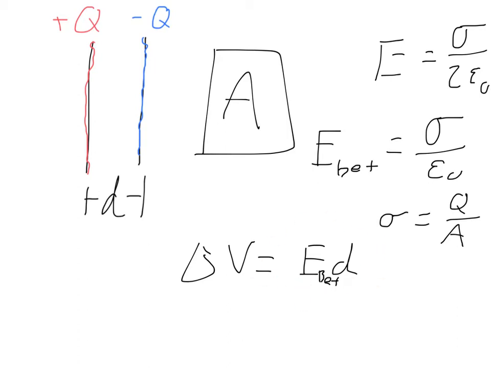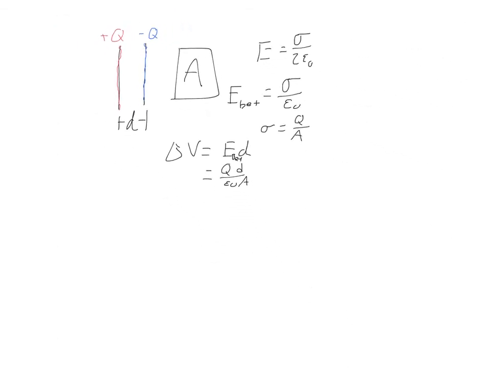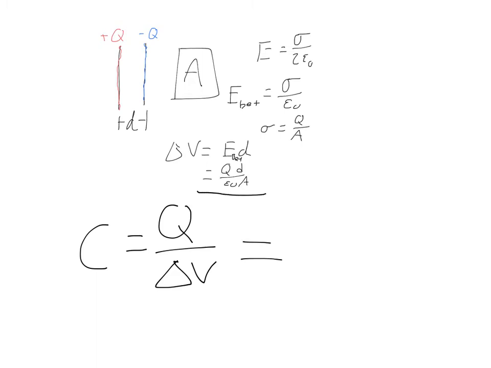So we see why it would have this nice direct relationship. Let's plug in for the electric field in between the two, and we see that the potential difference should be Qd over epsilon naught A. If we then take our definition of capacitance as Q over delta V, the potential difference, we can plug in what we just found, and when all the terms nicely cancel out, we find that the capacitance is epsilon naught A divided by d.